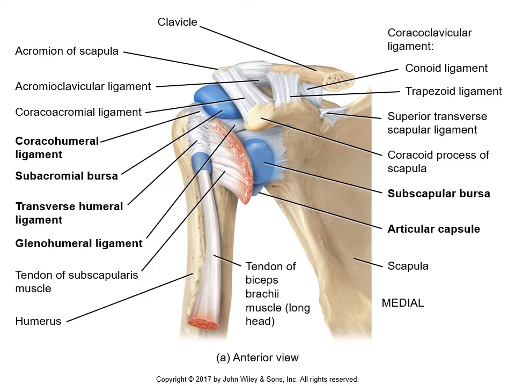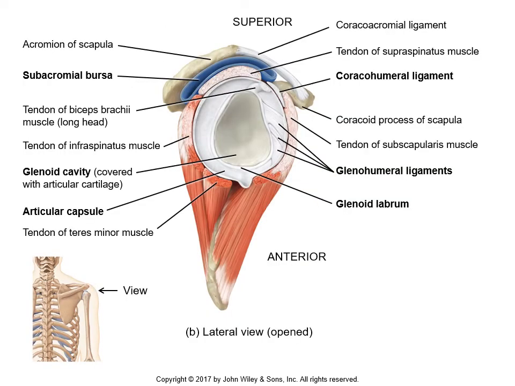It's there to prevent the buildup of friction, heat, inflammation, etc. Some other structures, right? You can see kind of where the subacromial bursa is. It lies just tucked up underneath the acromion process of the scapula, hence subacromial.